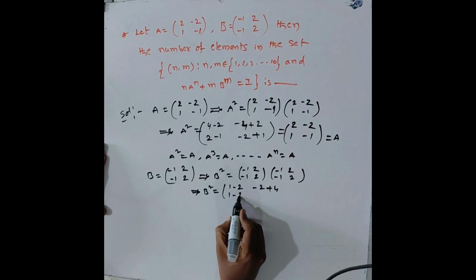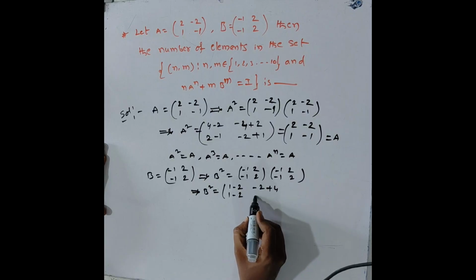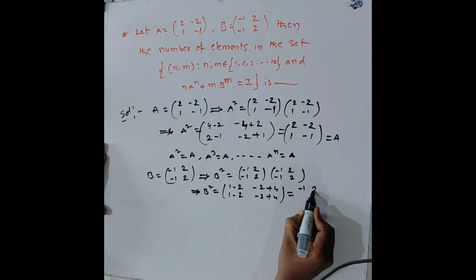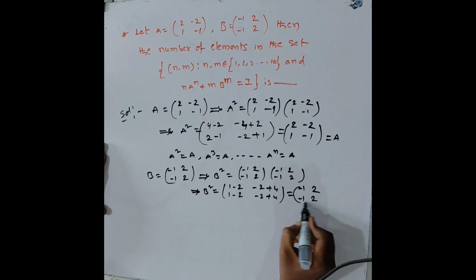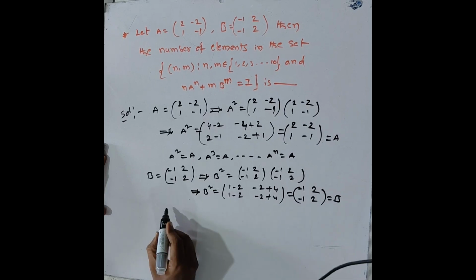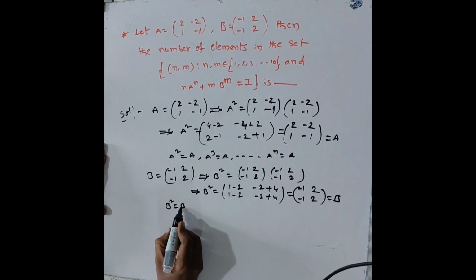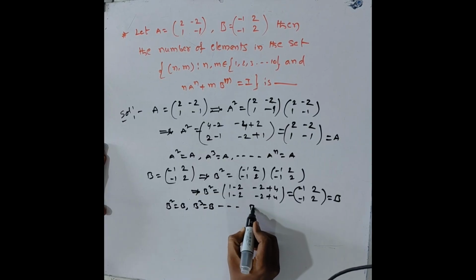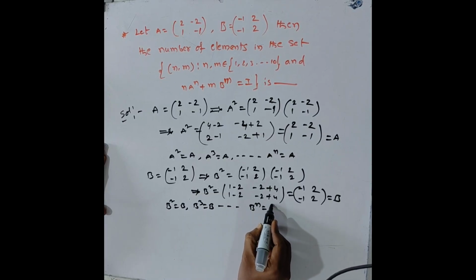This value is [-1 2; -1 2], that is equal to B. B squared is equal to B, B cube is equal to B, and so on. B power n is equal to B.